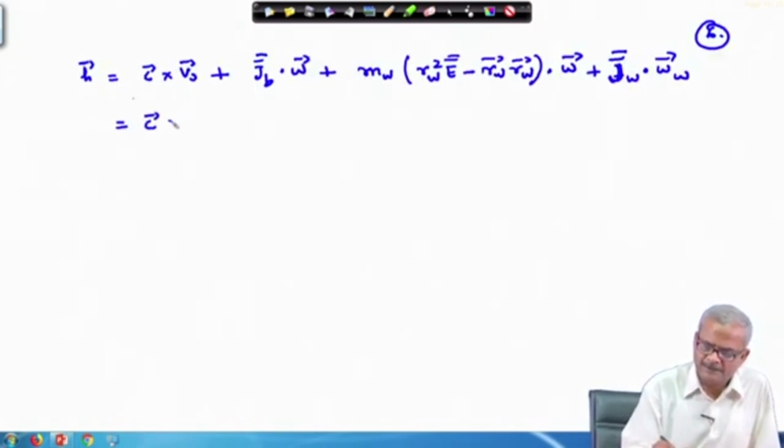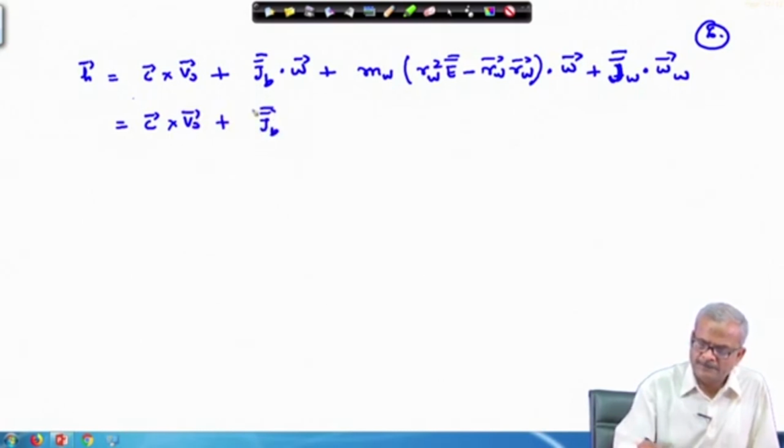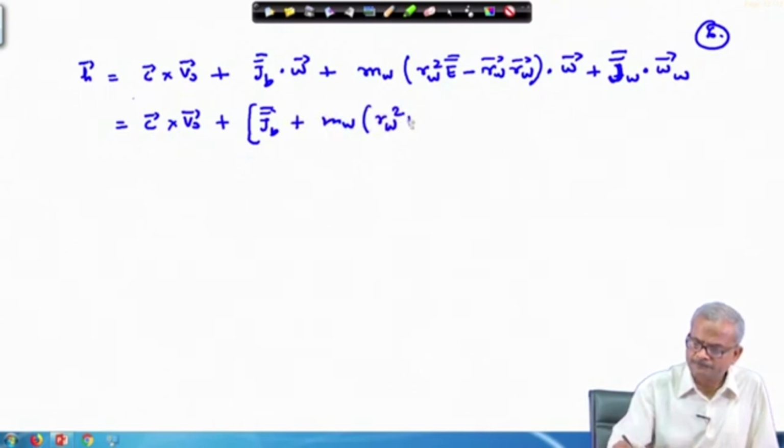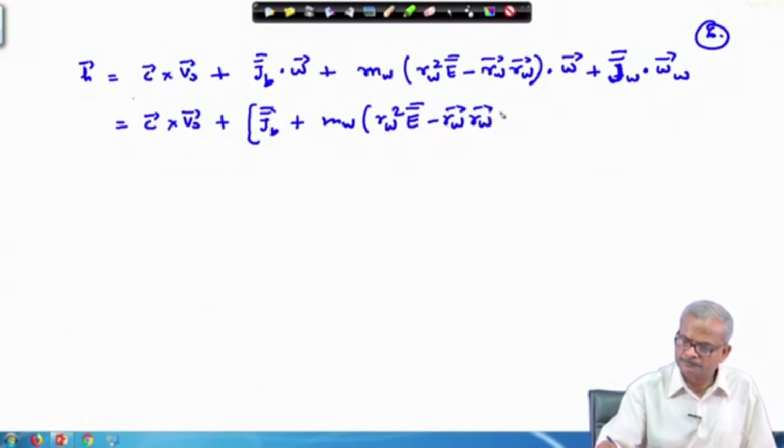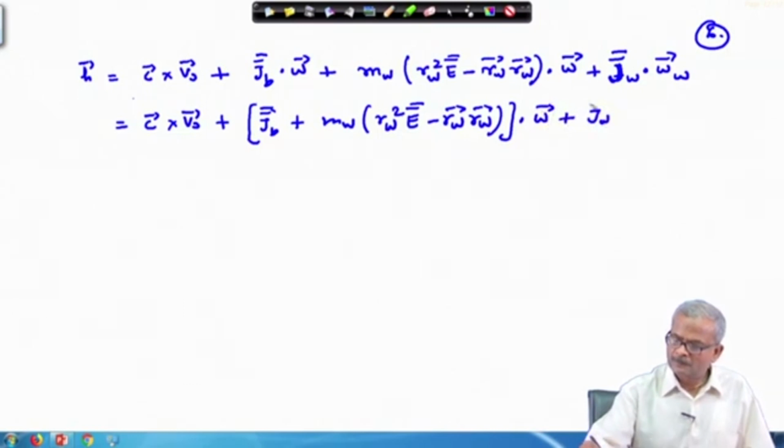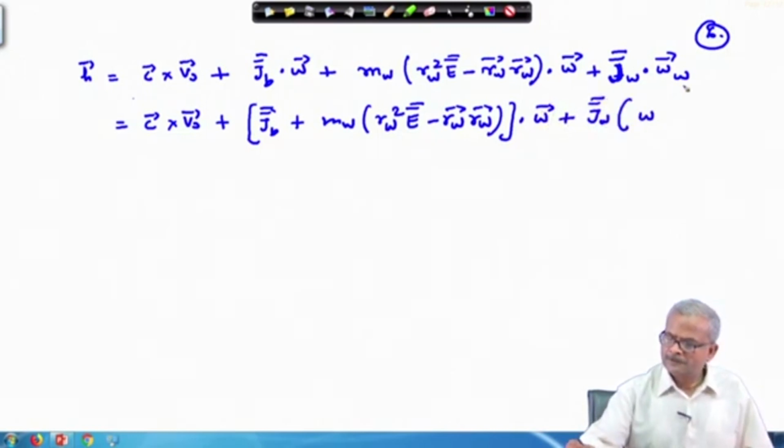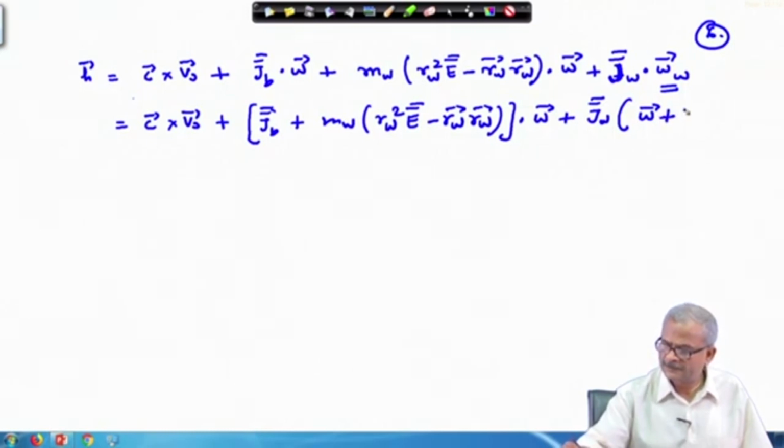Now, we can write this as C cross V 0 plus J B double bar, and omega w, this is the absolute angular velocity of the wheel. So, this will be equal to the angular velocity of the main body, and with respect to this the wheel is spinning.